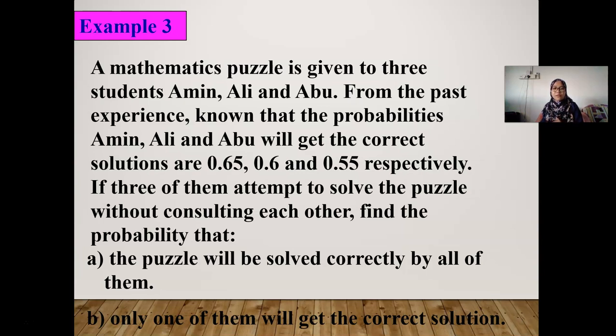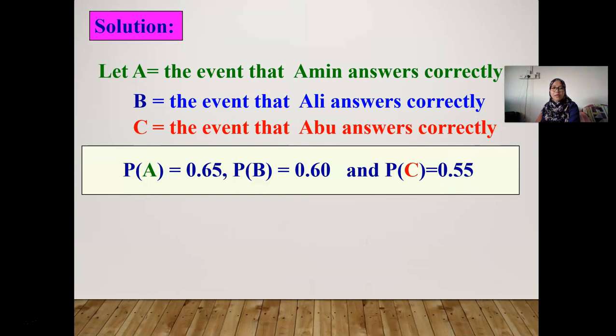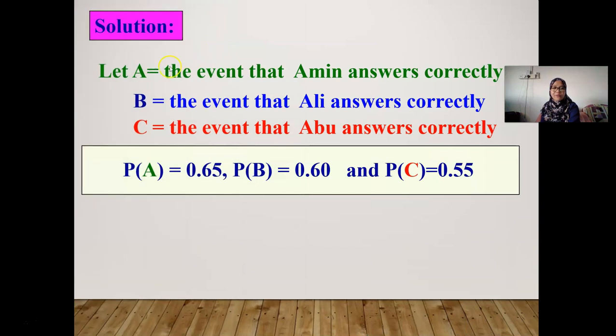If the 3 of them attempt to solve the puzzle without consulting each other, find the probability that A, the puzzle will be solved correctly by all of them, B, only one of them will get the correct solution. Okay, so kamu kena denote based on the probability given. So we define lah: A, Amin answers correctly. B, Ali answers correctly. C, Abu answers correctly.